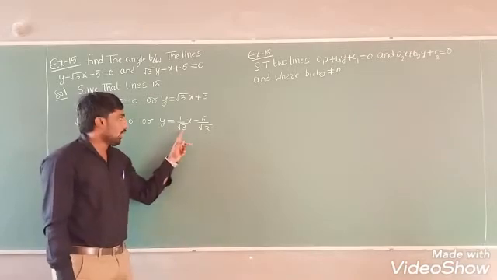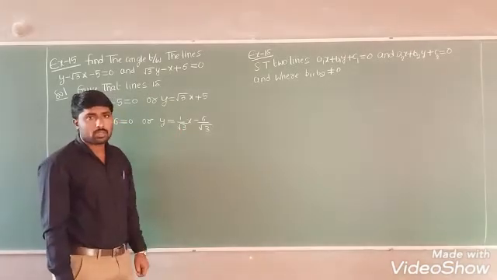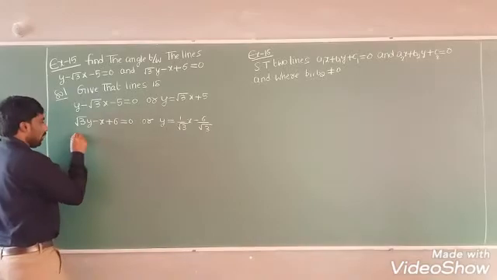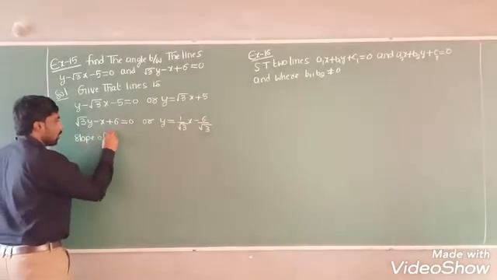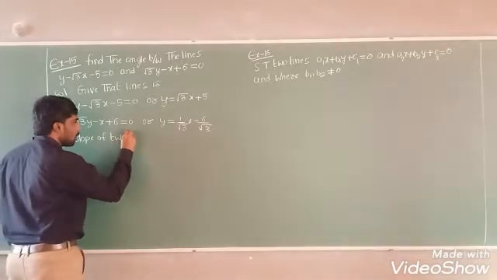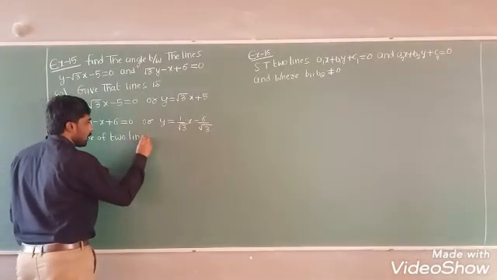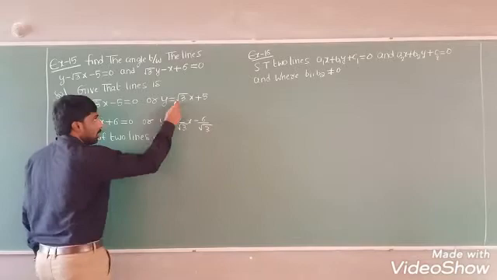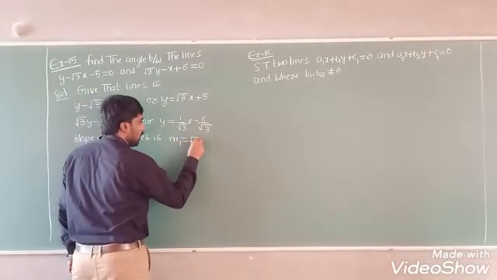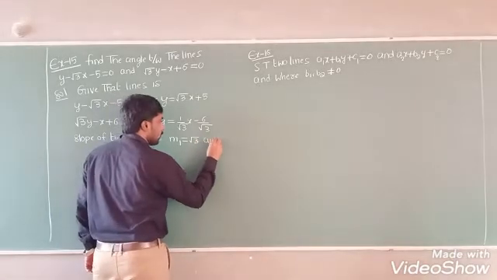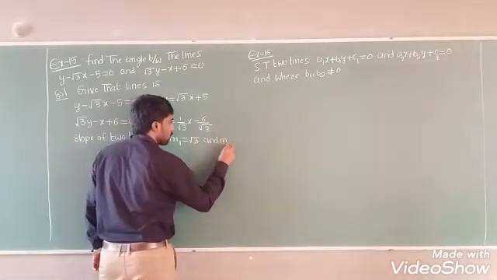So m2 equal to 1 by root 3. Then the slopes of the two lines: m1 equal to root 3 and m2 equal to 1 by root 3.